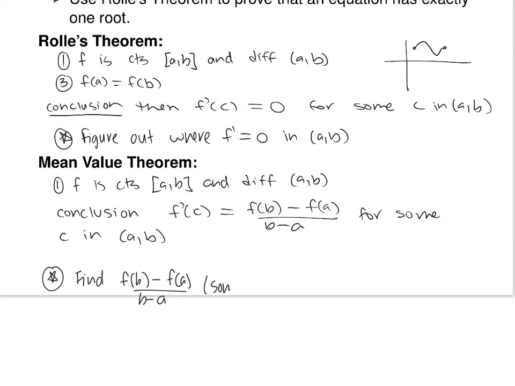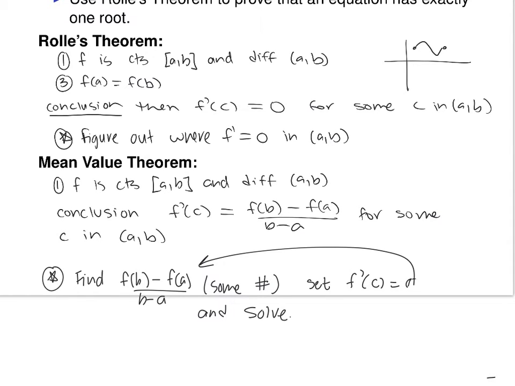It's going to be some number, probably not 0. And then you're going to set f prime of c equal to that number, not 0, equal to this thing, and solve. So instead of asking where the derivative is 0, maybe asking where is the derivative 5, or 10, or -2. It's the same principle, it's just that you're setting the derivative equal to a specific number.